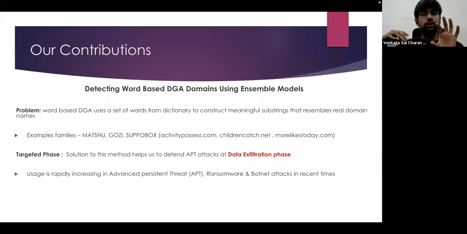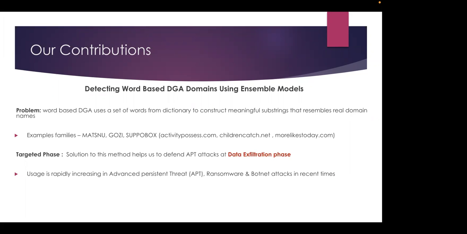Whenever this algorithm runs inside the victim network, it generates a series of domain names, and the malware payload tries each and every domain name for name resolution. Whenever something hits, it connects to that malicious domain or server by getting the IP from the DNS resolution. These are called word-based domain generation algorithms.